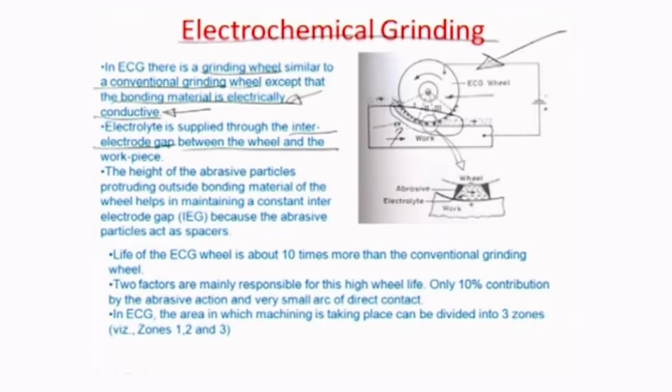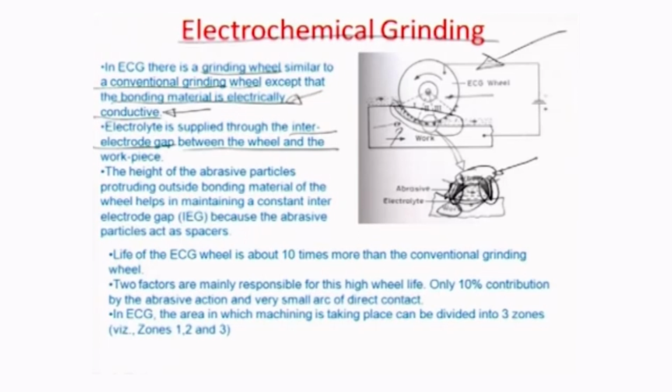One more aspect is the height of the abrasive particles which are bonded onto the metallic wheel. The height sticks out to just about an extent where it is equal to the inter-electrode gap. So for one instance of operation, there is a cell which is formed between, let us say, two abrasive grains on the surface, the workpiece, and the conducting matrix binding the grains on the wheel side.